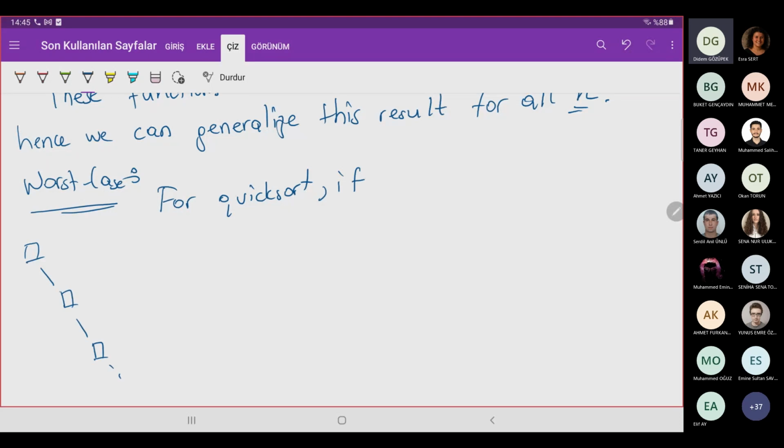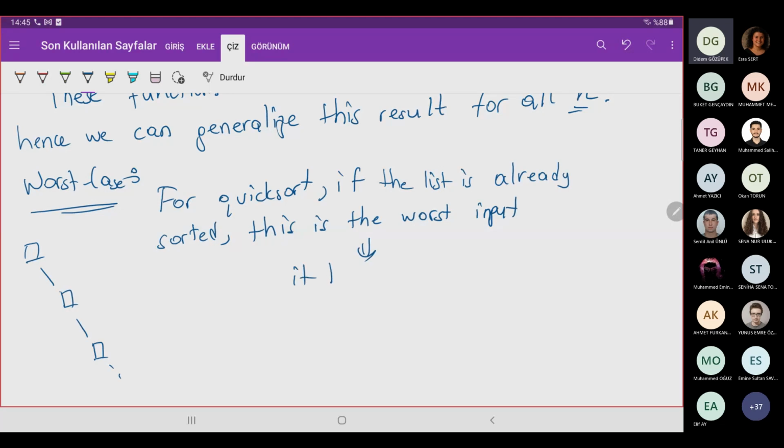The depth of the tree is a lot. So if the list is already sorted, it becomes equal to linear search.